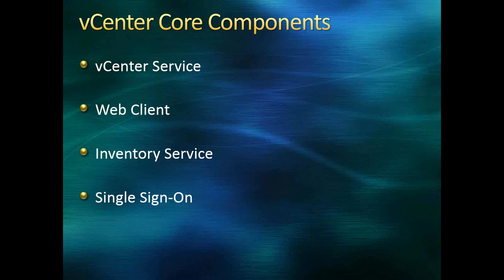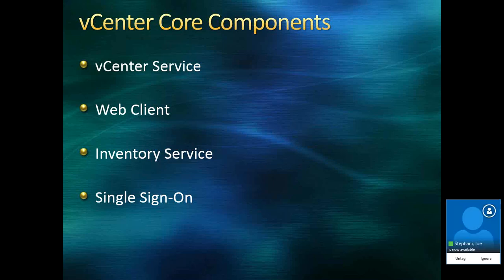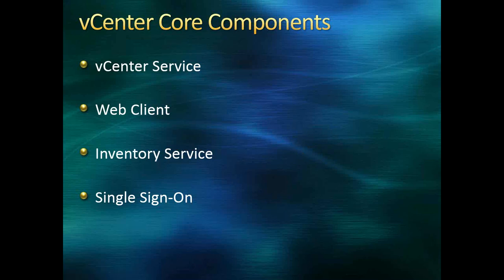And then finally, the most controversial of the core components is the vCenter single sign-on. This is a newer component. It was introduced in vSphere 5.1. In vSphere 5.5, they've made some significant improvements to it that enable you to do multi-master replication across multiple sites.